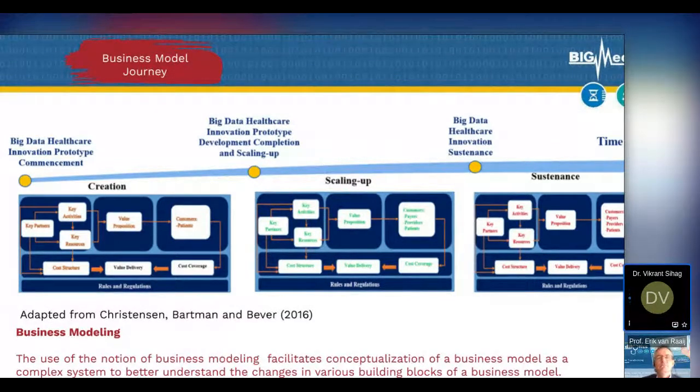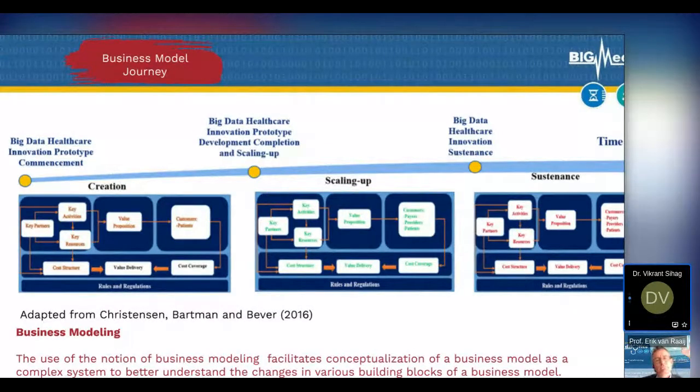In that sense, we thought that the traditional business model perspective, which looks at a single snapshot in time, is not sufficient to look into the complexities involved in moving across different phases. The reason being that the different elements of the healthcare canvas, or for that matter the traditional business model canvas, could change or could vary between different phases.